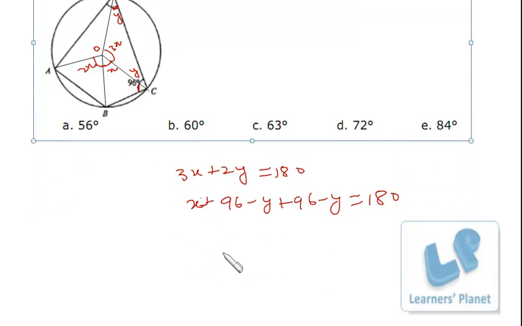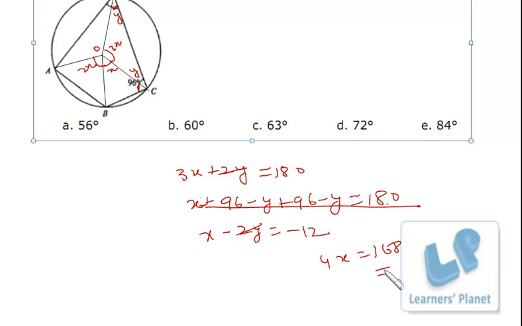So we got two equations in x and y. So 3x plus 2y is 180. Here x minus 2y is equal to minus 12, right? So 2y is cancelled. 4x is equal to 168. Okay, how much do we want?